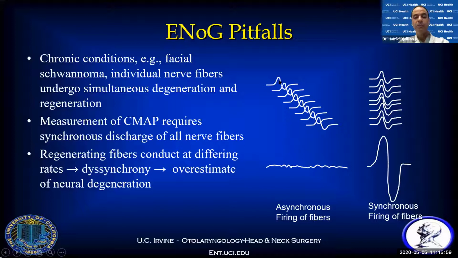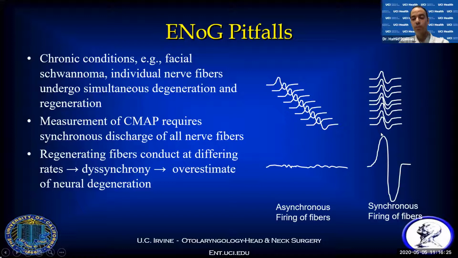When you're doing an EMG recording and you put all of this on top of each other, because all of these numbers are then added together, you essentially get a flat line. And this is what will appear as if there is greater than 90% degeneration, when there really isn't. It's just that the fibers are firing asynchronously.